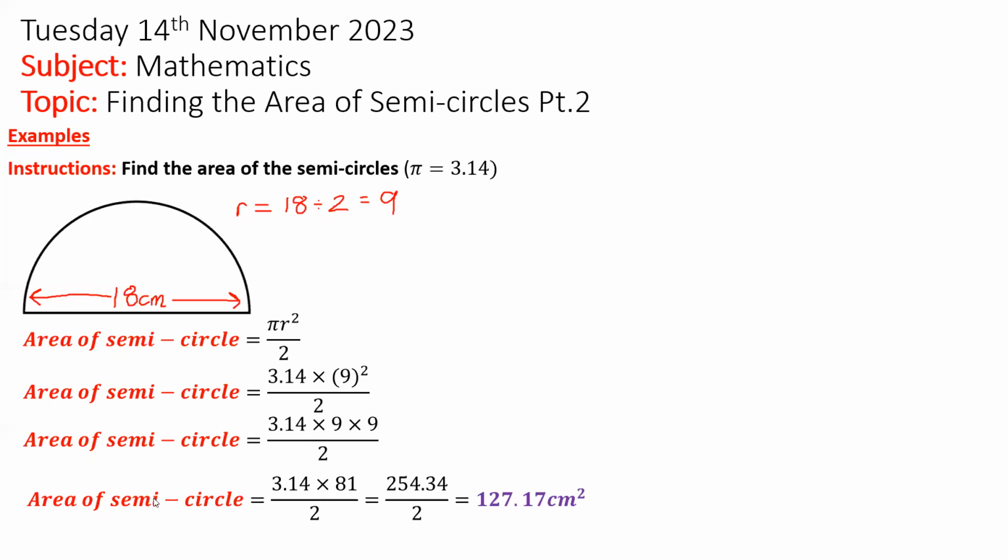I do 1 times 4, which is 4, 1 times 1 is 1, and 1 times 3 is 3. Then I do the 8 times 4, which is 32, then the 8 times 1, then the 8 times 3.